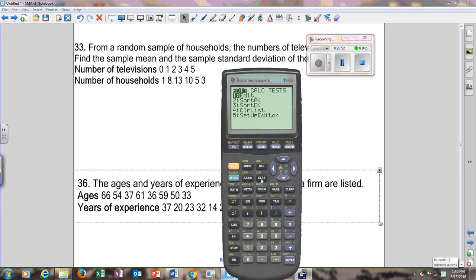Stat, Calc, One-Var Stats, I think I can put in L3 and it'll tell me what it is. Yeah. So One-Var Stats in L3. So you get a sample mean of 16.5. Sample standard deviation of 11.2.